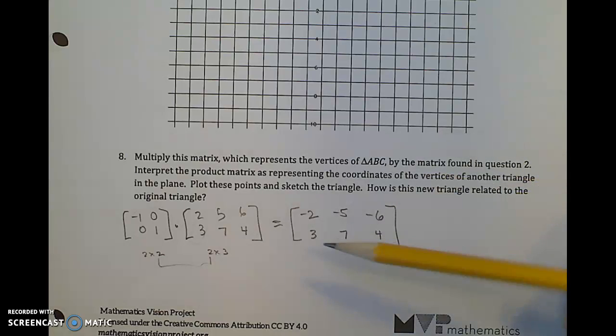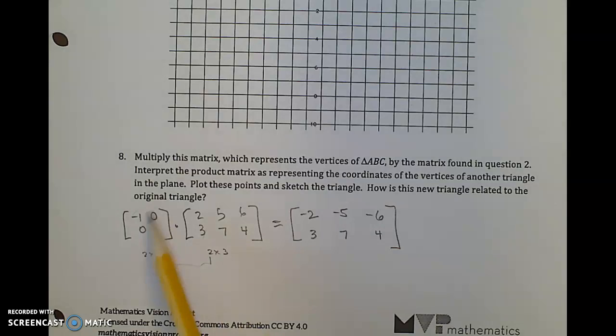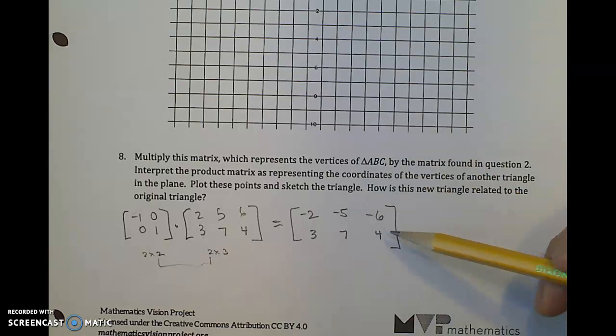Alright, so when you're done multiplying these two matrices, this is the resulting product matrix that you should come up with. Again, we're just doing row times column. So now what we're going to do is graph this matrix.